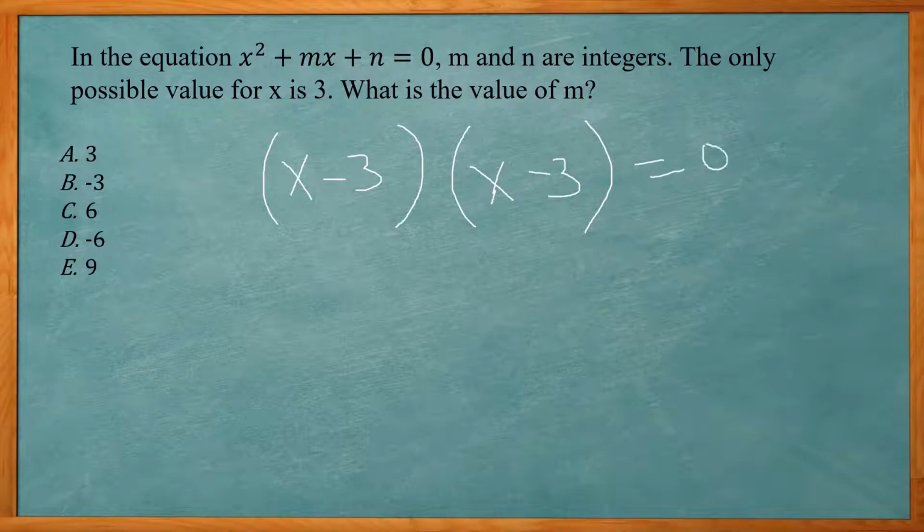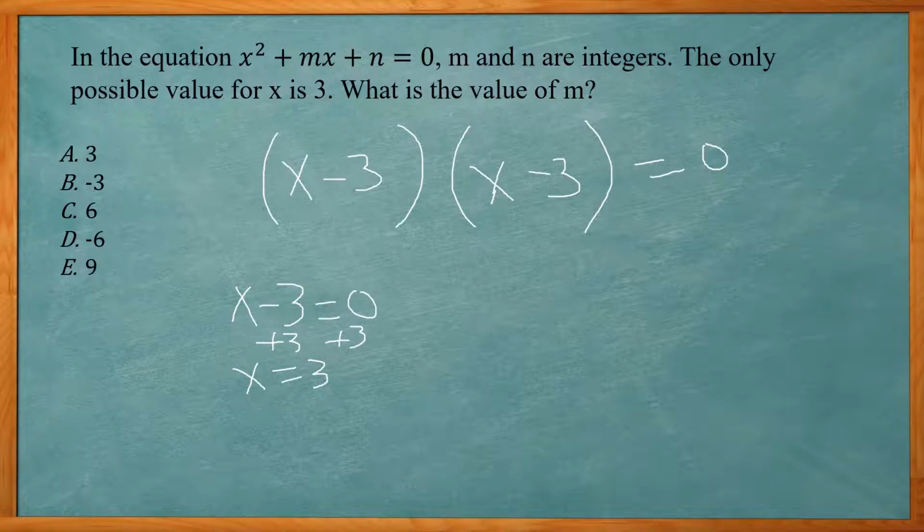So remember, when we set these equal to 0, x minus 3 equals 0, we can add 3 to both sides. x is equal to 3. Okay, so when we have one answer, both parentheses have to equal the same thing. In this case, x minus 3.